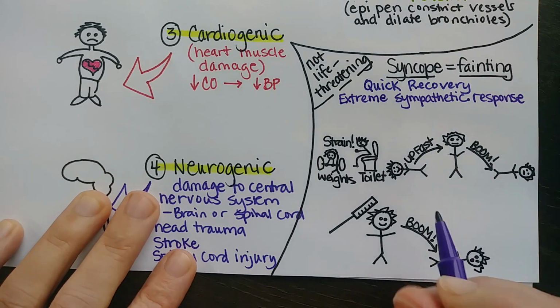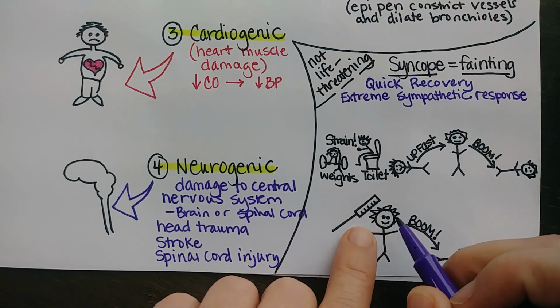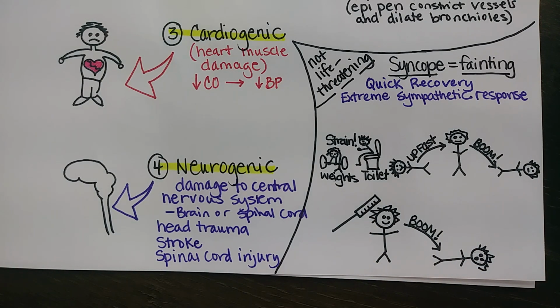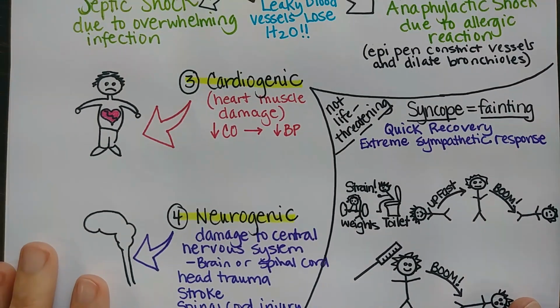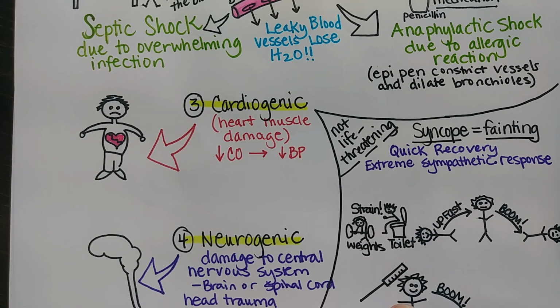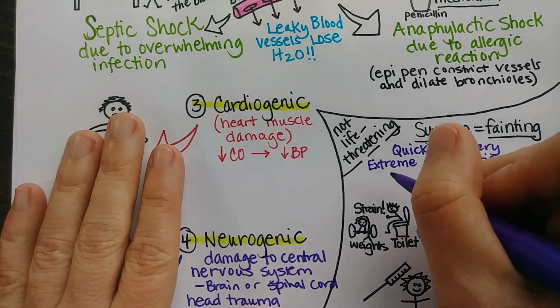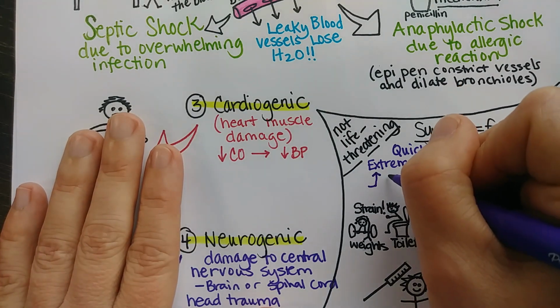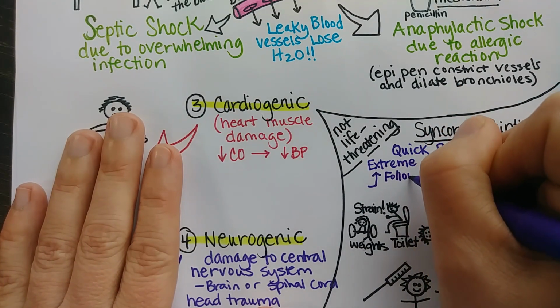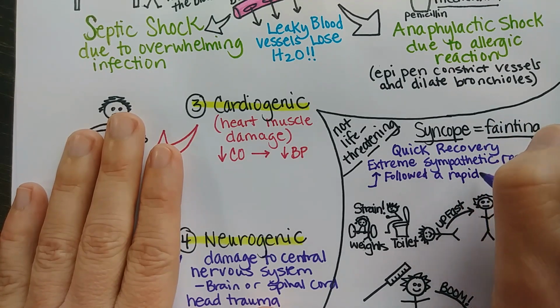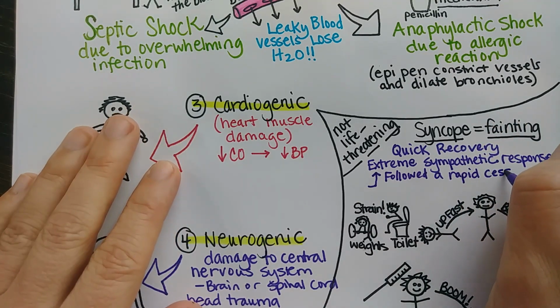I'll give you a good example down here. Let's say that someone sees a needle and they're thinking in their brain, I could die right now. I could die. And then they realize, oh, I'm fine. They have had this sudden cessation of their sympathetic drive. So it's like they get this huge upward sympathetic response followed by a rapid cessation. And cessation means a stopping.